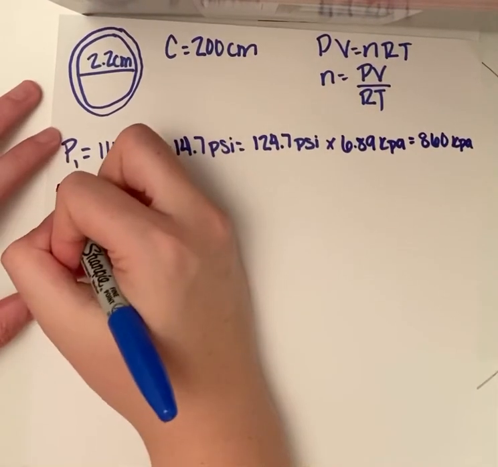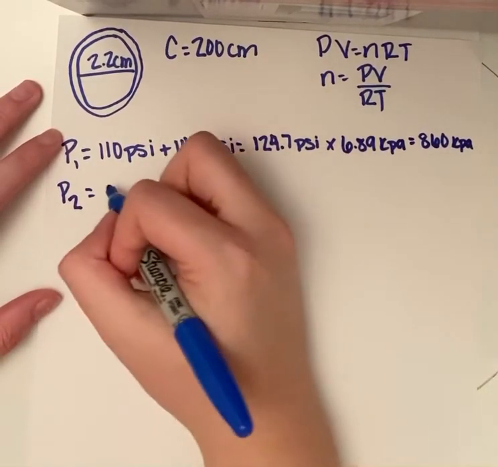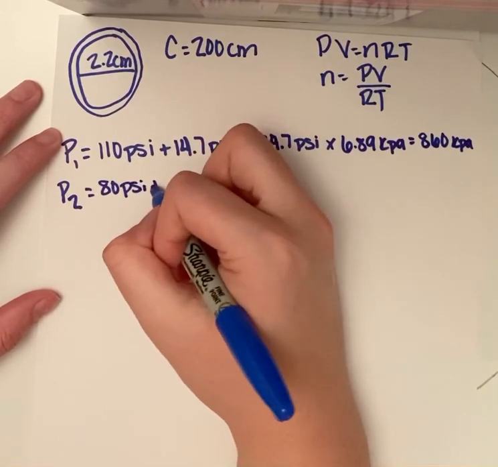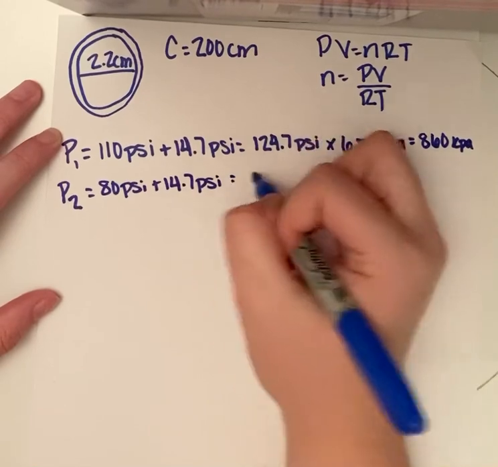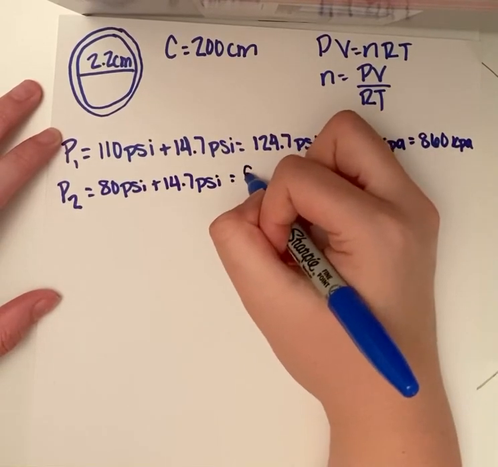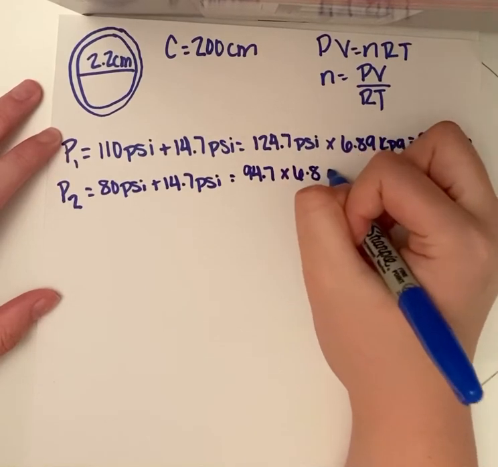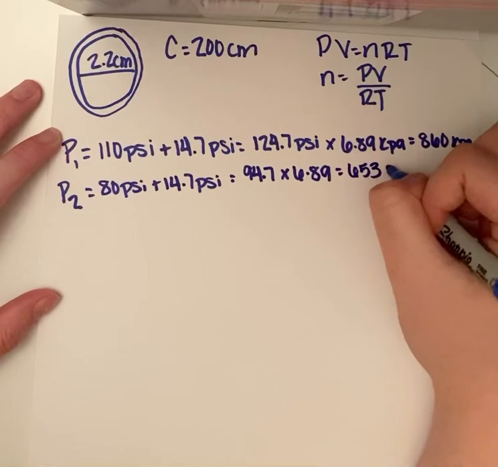And then we're going to do the same thing for our P2, which is after it had lost air. So that's 80 psi plus 14.7, which gives us 94.7. Multiply that by 6.89 as well to get 653.